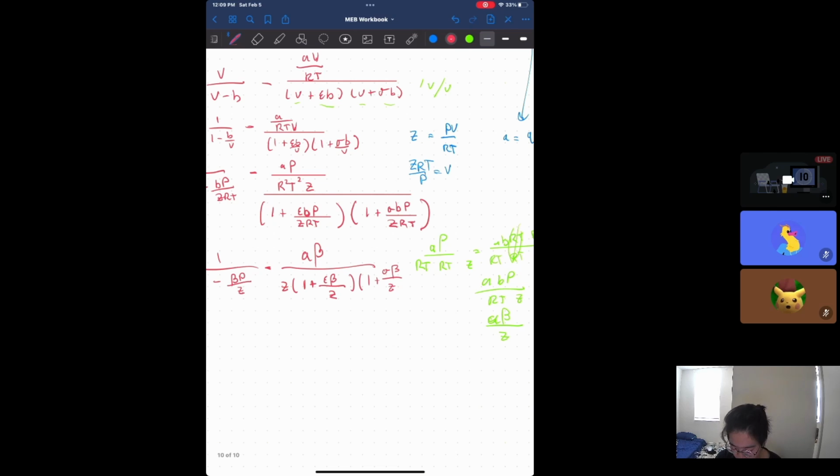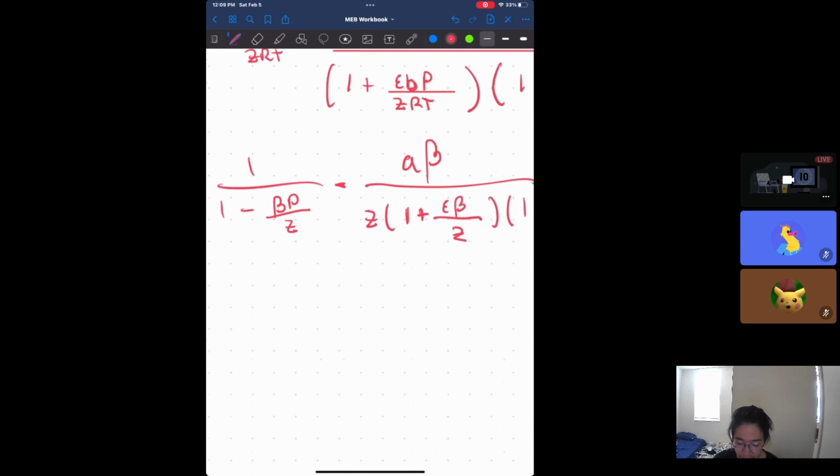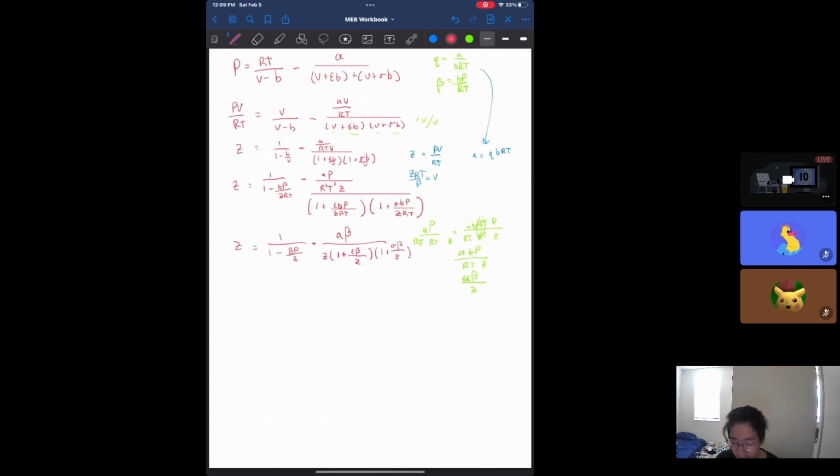Okay. Now, what do we see at this point? Well, we see a lot of reciprocal z's in the denominator. So what we can do now is divide each side of the equation by z, right? And notice how in the second expression we'll have multiplied by z here, and we'll have another multiplied by z.